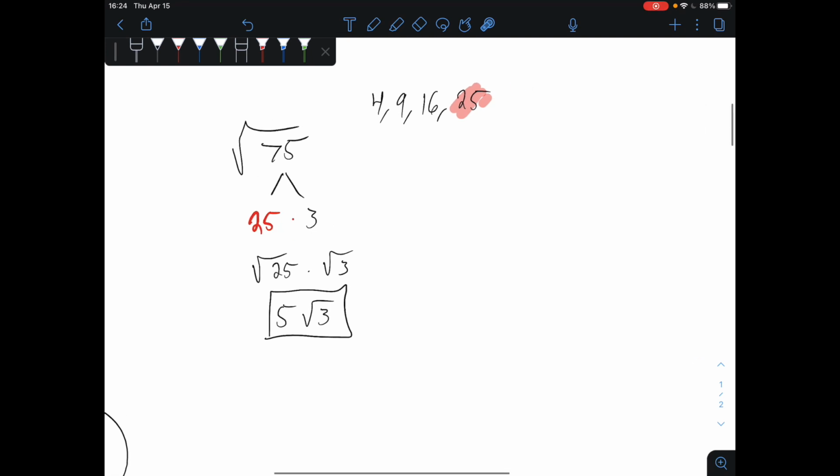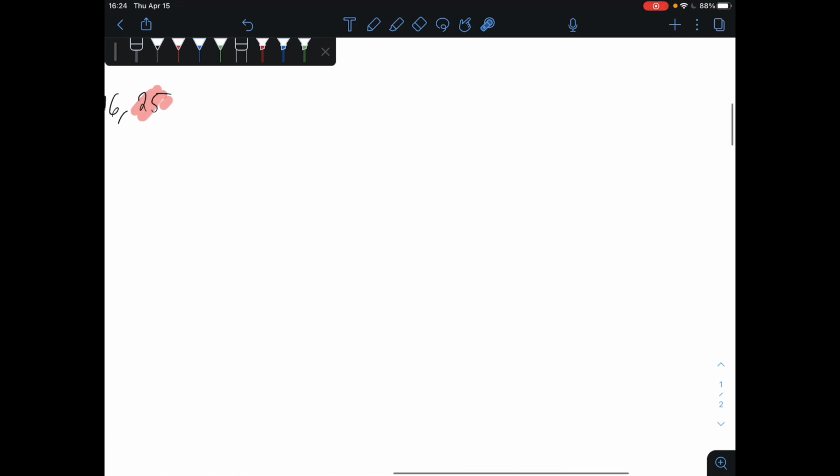So moving into our next problem, we have negative 9 times the square root of 72. Let's see if we can separate this again. What is our perfect square? We have 4, so 2 times 2, 3 times 3 is 9, 16. Oh, 9, we can go right there.